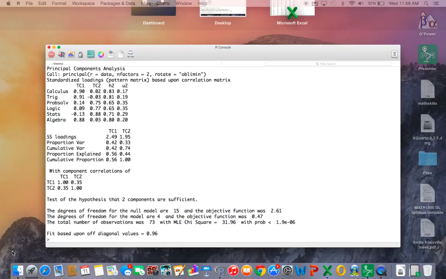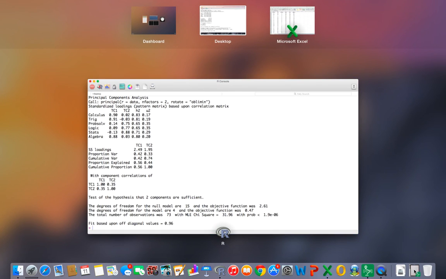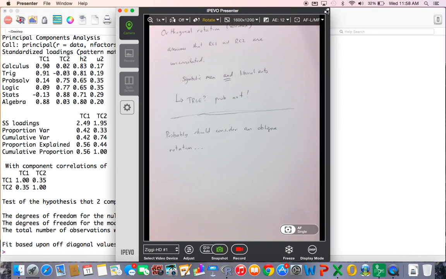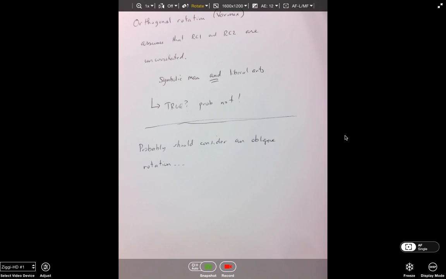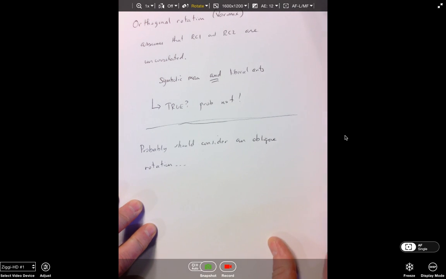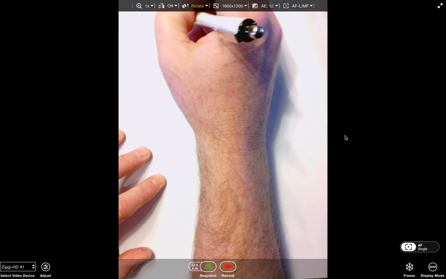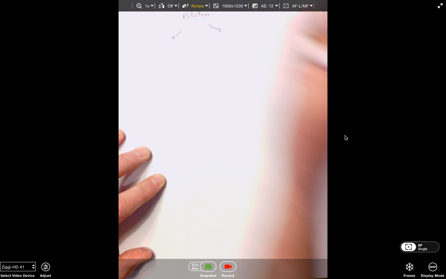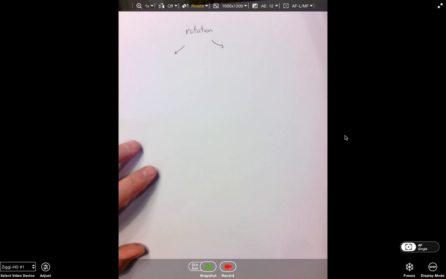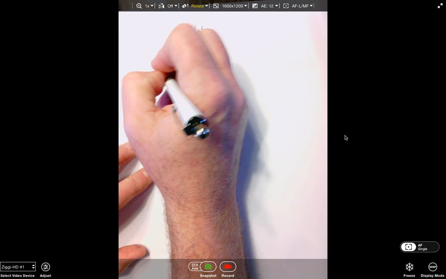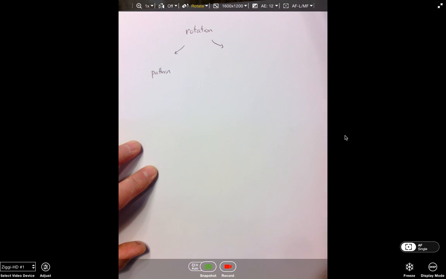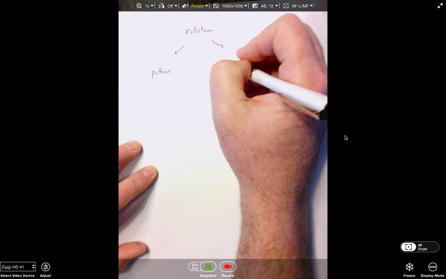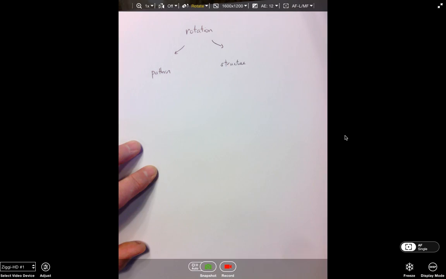Now, the tough part about oblique rotation is the following. Regardless of the rotation, we get into two types of matrix. We get into a pattern matrix and we get into a structure matrix.